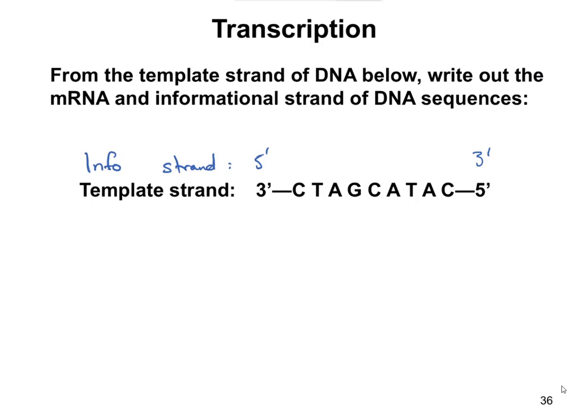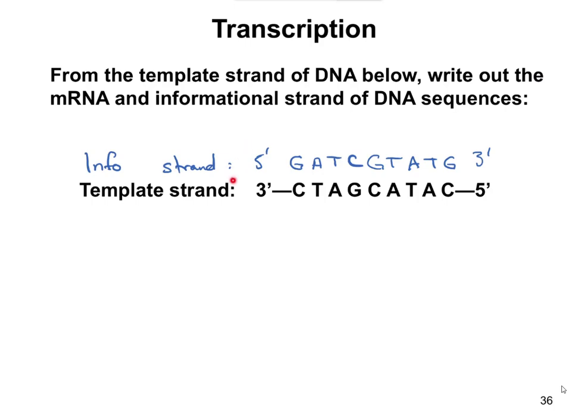So this is going to be a DNA molecule, so that means we're going to have A's, C's, G's, and T's. So wherever we have a C, we have a G. An A goes to a T, C, G, T, A, T, G. So the informational strand of DNA would be GAT, CGT, ATG, right there.